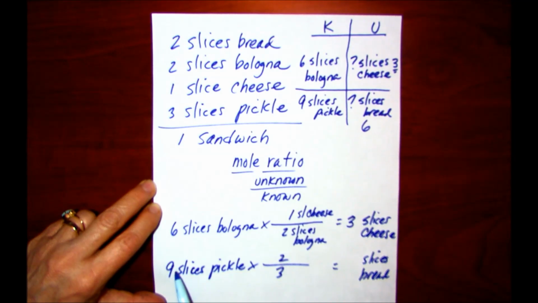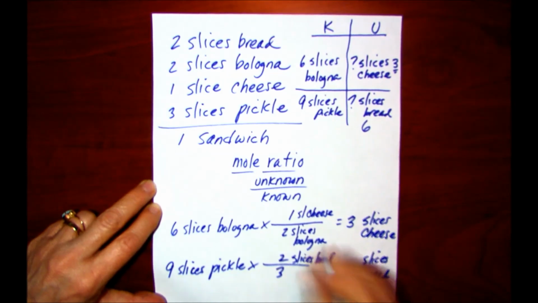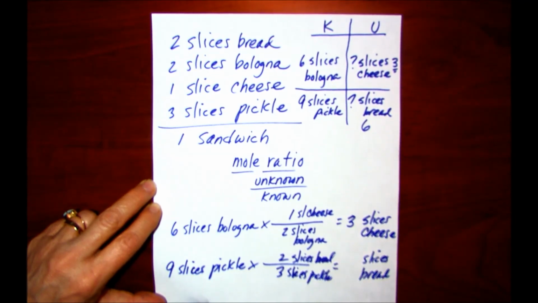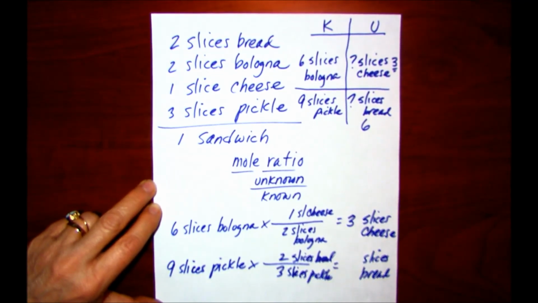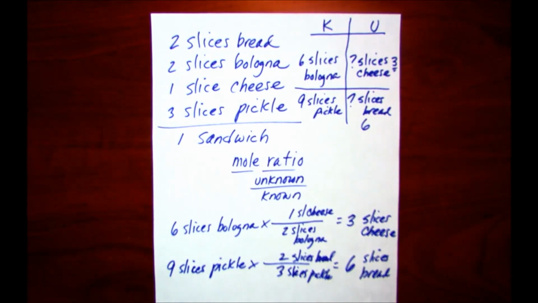So it's all set up for us. Let me label everything. So 9 times 2, 18, divided by 3 is 6. So there you go. This is going to be the format for your stoichiometry problems when you're solving the simplest stoichiometry problems.